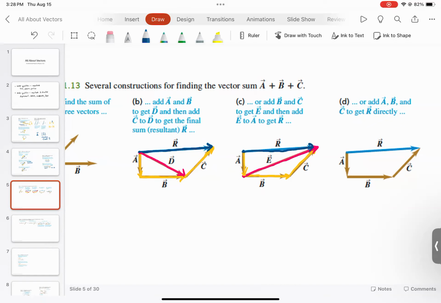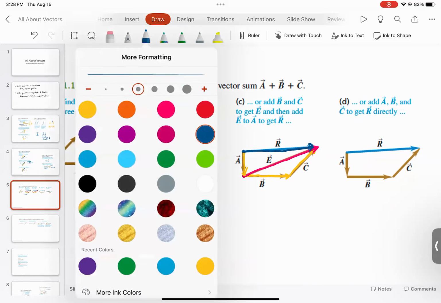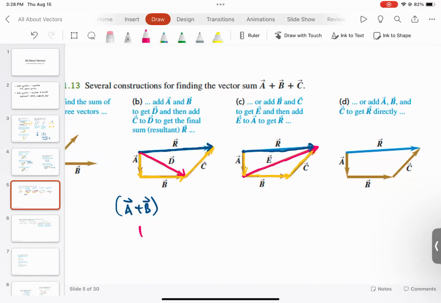So basically, the difference between the two is, here it is A plus B, that's vector D, and then we added C. So plus C. Then we get vector R, the resultant vector.